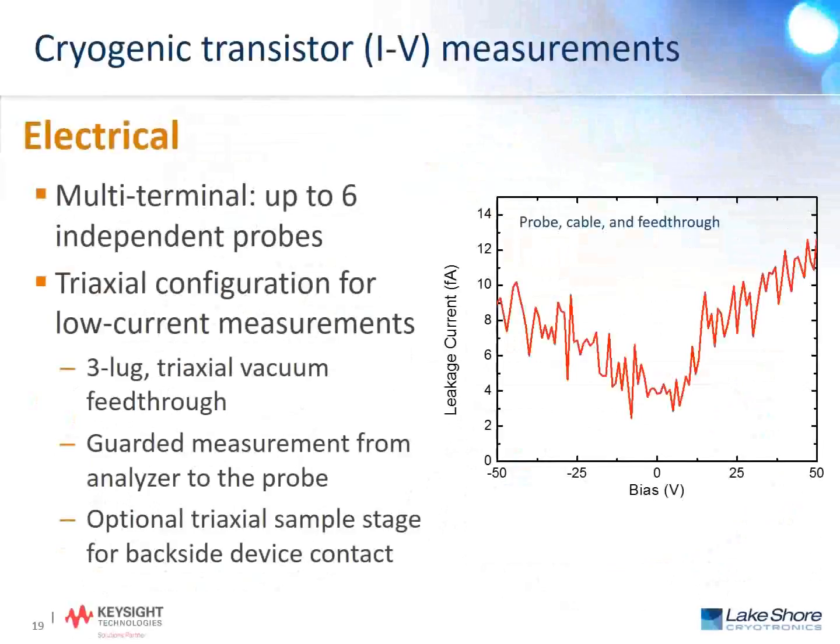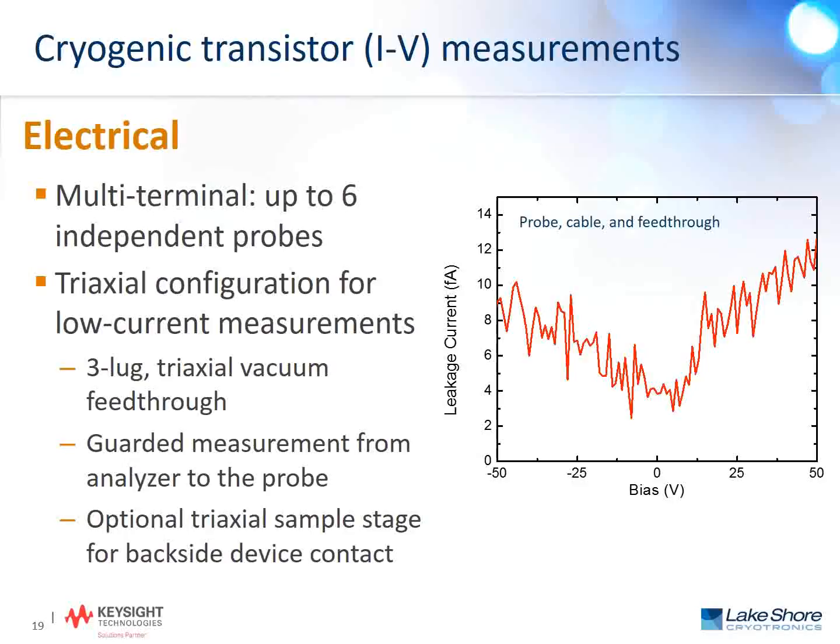In addition to the thermal aspects, as we mentioned, the electrical aspects of the measurement become important. Lake Shore probe stations offer multi-terminal probes, so we can add up to 6 independent micro-manipulated probes to our probe stations. For transistor measurements, we recommend a triaxial configuration for low current measurements.